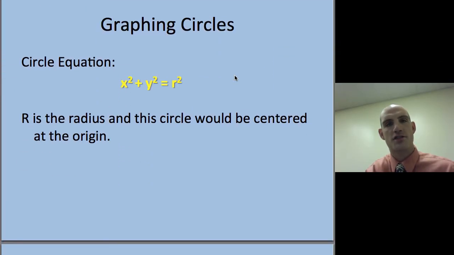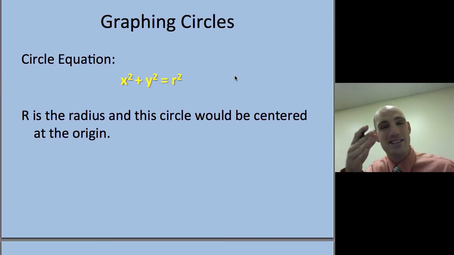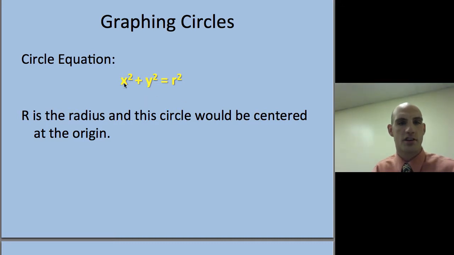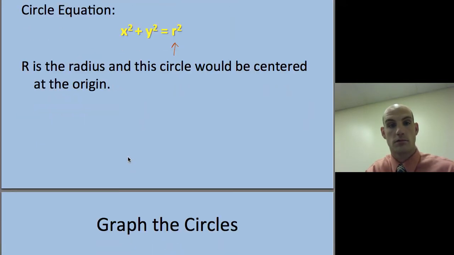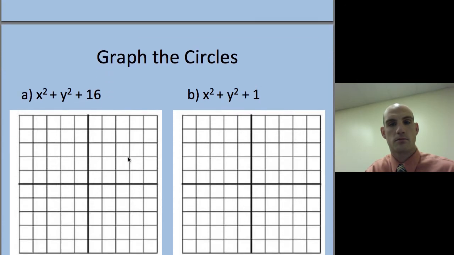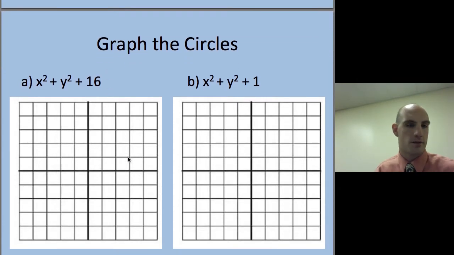Graphing circles. Graphing circles is really actually a fairly easy topic because the circle equation is x squared plus y squared equals r squared. R is the radius of the circle. Let's graph a couple. Right here, I've made a couple of typos. This should be equals 16. This should be equals 1.